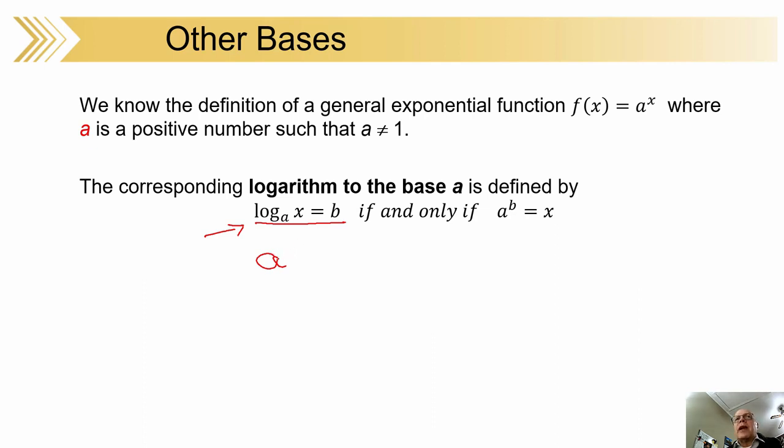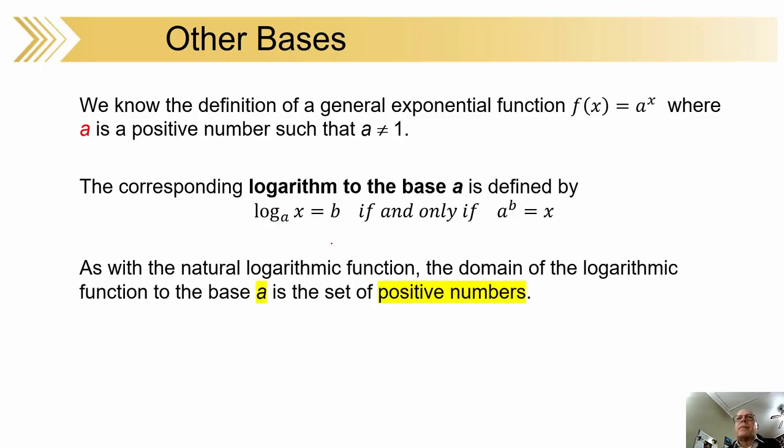Now, what do we get for the exponent? Remember I said over and over, logarithms are exponents. That means this is an exponent. So it's a to the b. What do we get? Well, the only thing missing is the x. There you go. Remember, the bases have to be positive numbers.